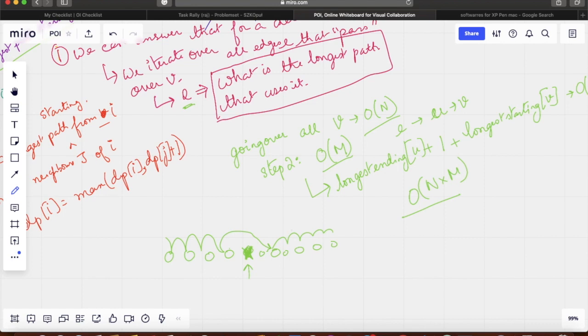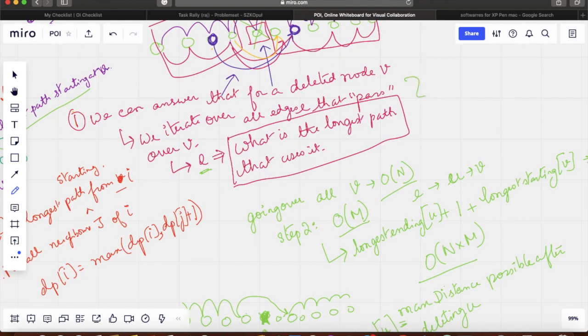By the best edge, I mean the one that maximizes the distance. So let's say that the max distance possible after deleting u is given by md of u.